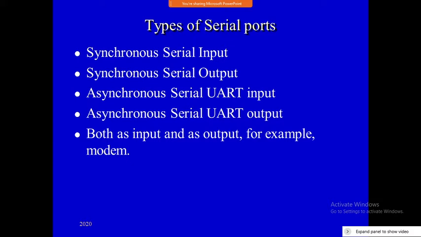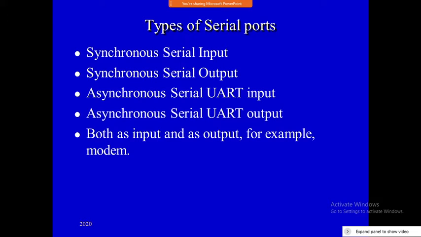In the serial, these are the variants: synchronous serial input, synchronous serial output, because the ports are going to get the input as well as send the output. In that, two variants are there: synchronous and asynchronous. Synchronous means the gap between the bits will be the same.